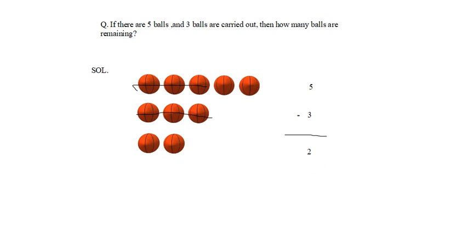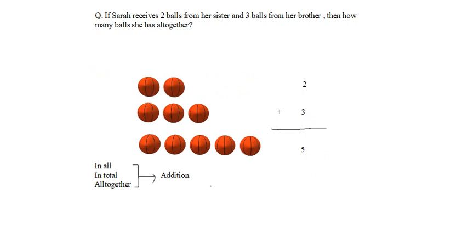Okay, next is: if Sarah receives 2 balls from her sister and 3 balls from her brother, then how many balls does she have altogether? As you can see, here the statement is not about how many are left or remaining. Here we have to find how many balls there are all together. So we will not use subtraction here.